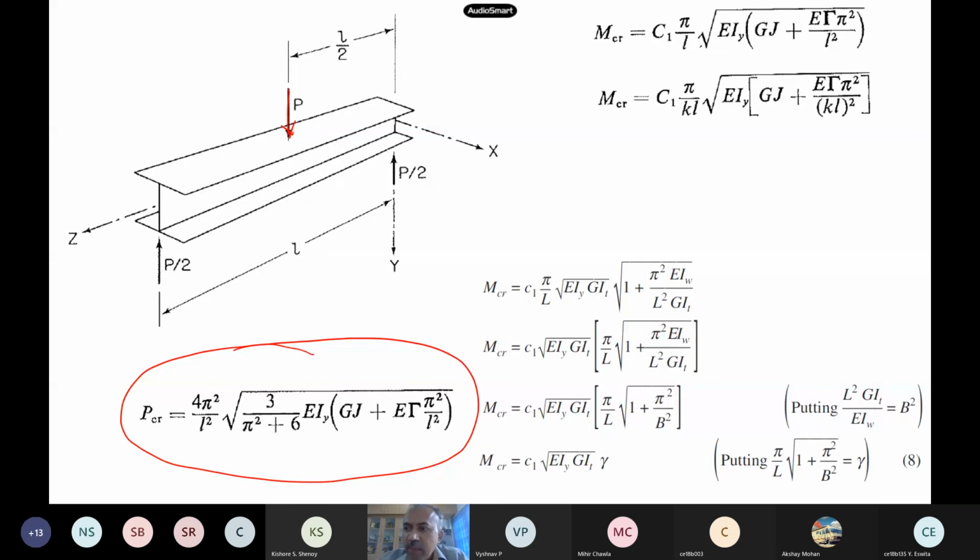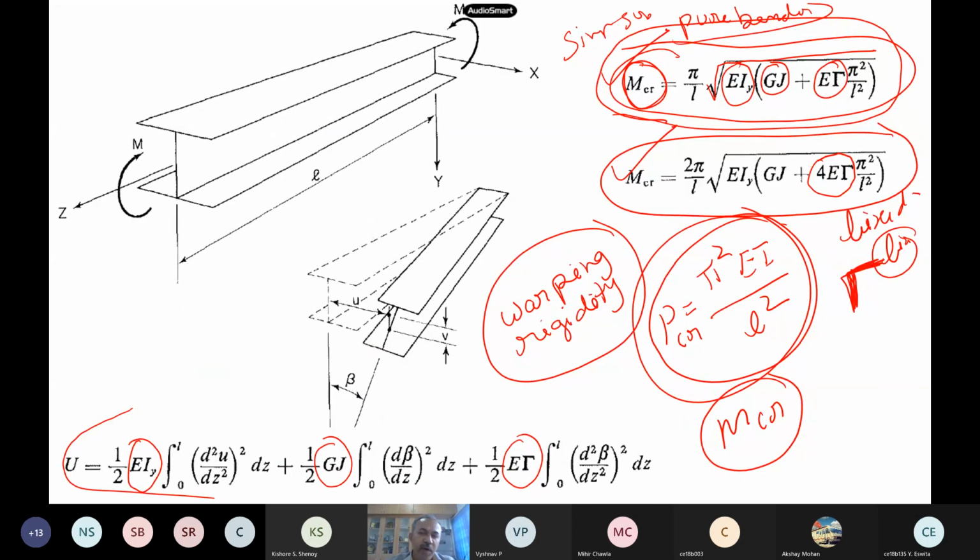I think time is over, so I will stop here. You can do the analytical derivation of this formula, but as far as this course is concerned, we will not be discussing how to derive it. You will study this in the structural stability course. I taught that course last semester, so I will share one video with you, the derivation of these formulas for beams.